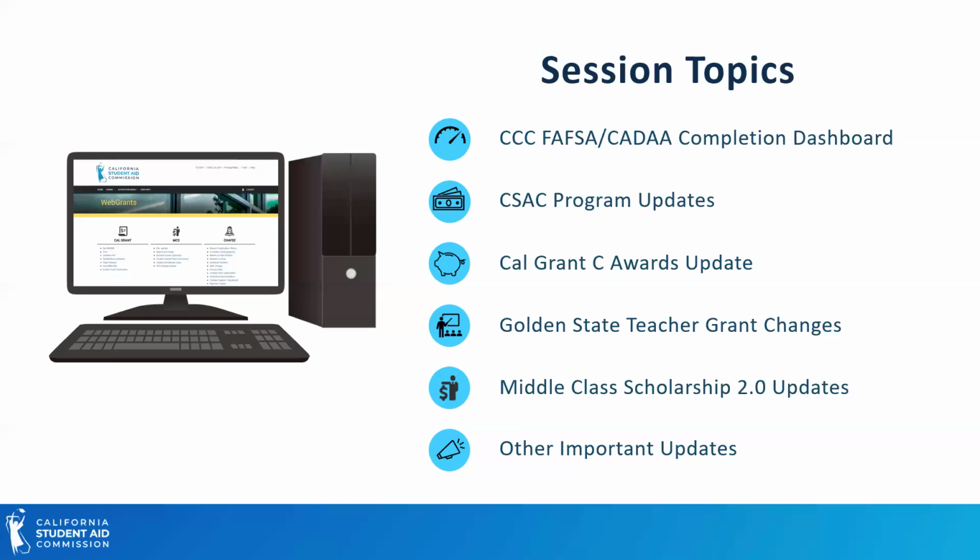We'll look specifically at Cal Grant C and how those awards have been updated. We'll look at the new Golden State Teacher Grant changes, including the new cohort system. We'll review Middle Class Scholarship 2.0 updates for 24-25, and then just mention a few other important updates.